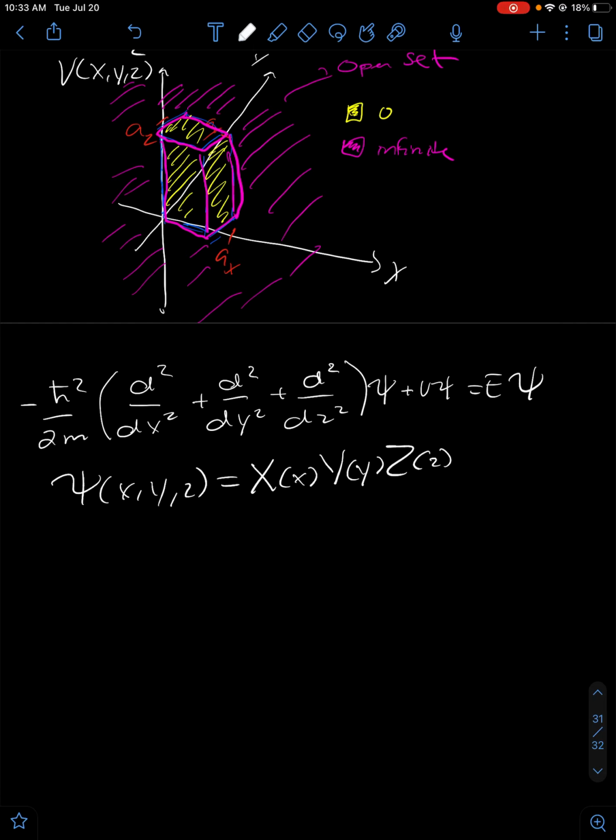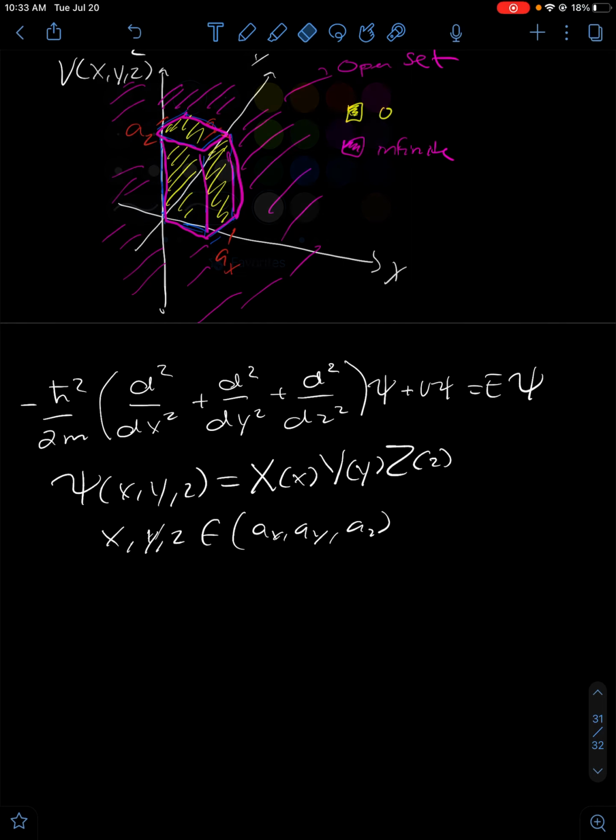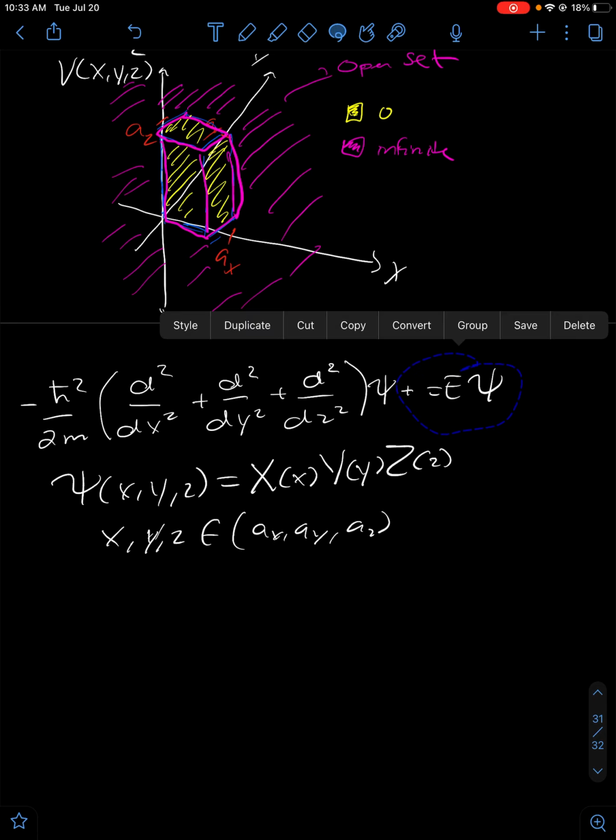So we are going to solve this for the case where x, y, and z are between ax, ay, and az respectively, which means that the potential is going to be 0. So this is our equation that we have to solve now.